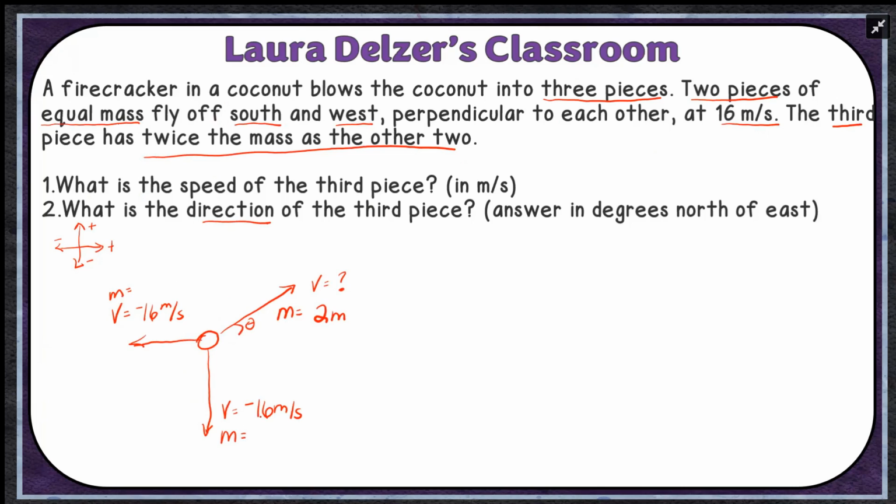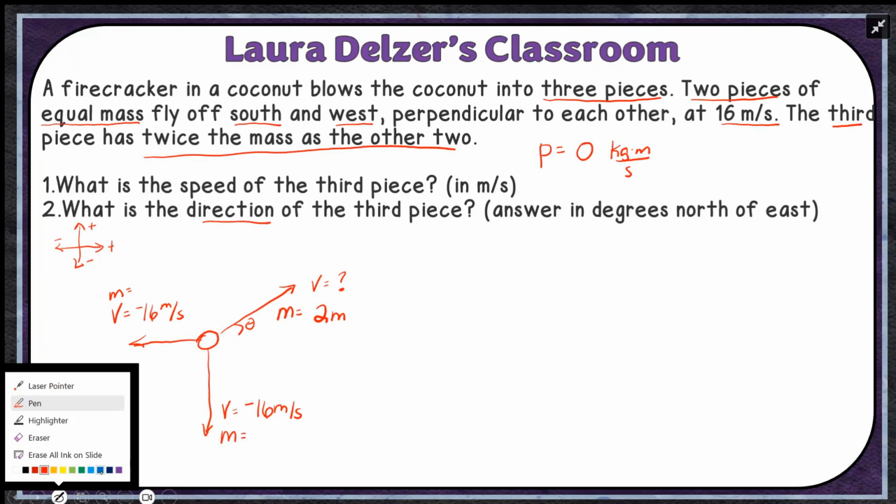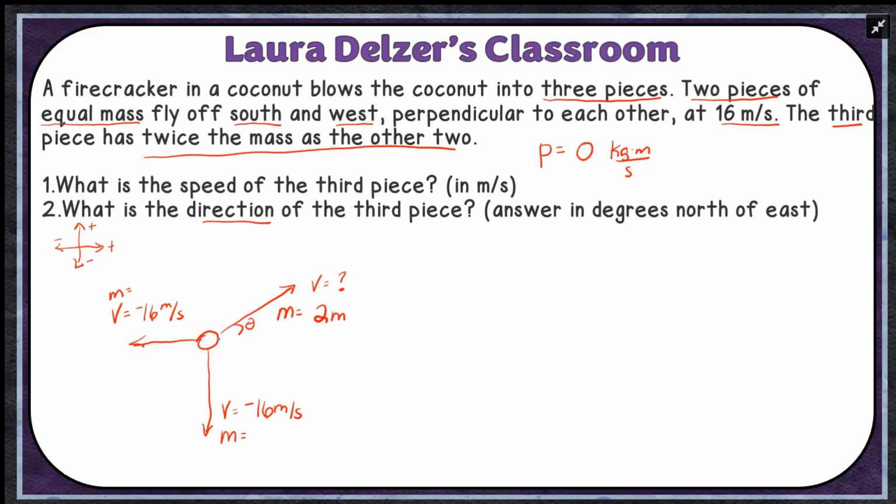The first thing that you've got to realize is that the momentum of the system before was 0 kilograms times meters per second, because it was at rest. It blew apart. So if we break all this up into its component pieces, we've got to make sure that everything is adding up to 0.